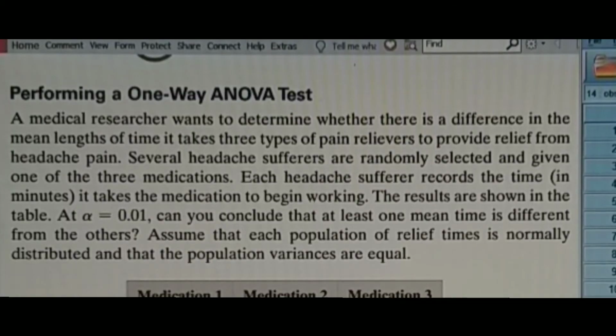So it means we fail to reject H0. That means there is no significant difference in the mean length of time it takes 3 types of pain relievers to provide relief from headache pain.